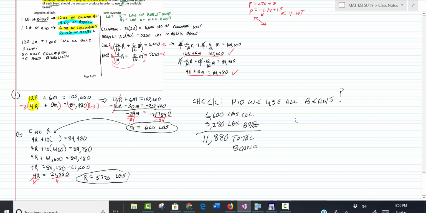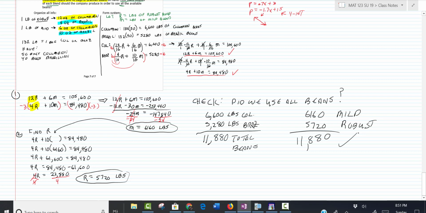Okay, well, what did we come up with? We came up with 6,160 pounds for the mild. And then we came up with 5,720 pounds for the robust. Well, what happens if we add this up? That's 11,880. How about that? We did use up all the beans.